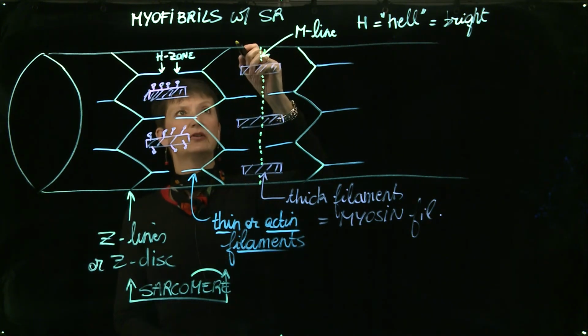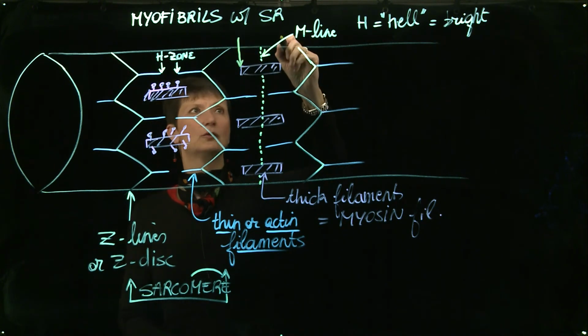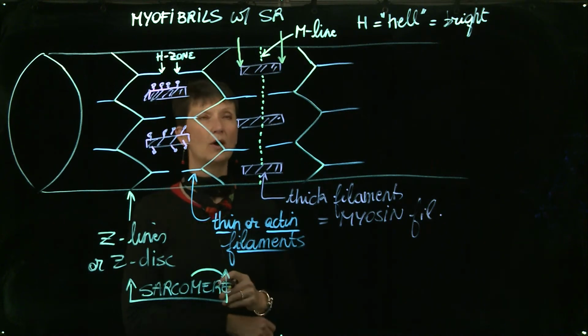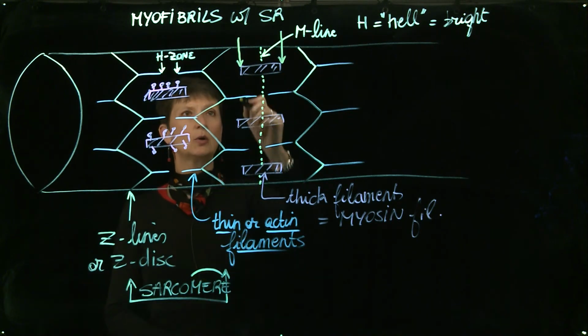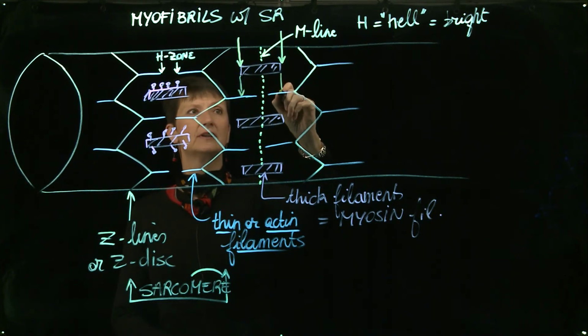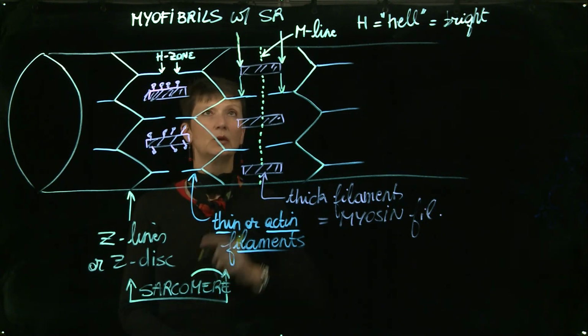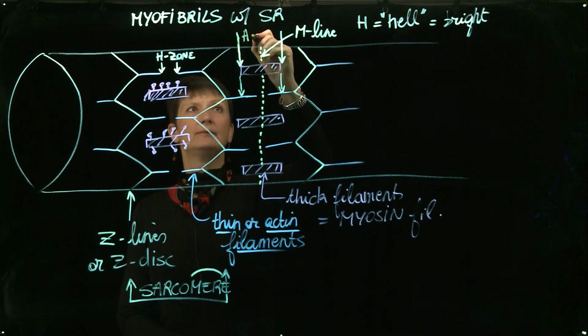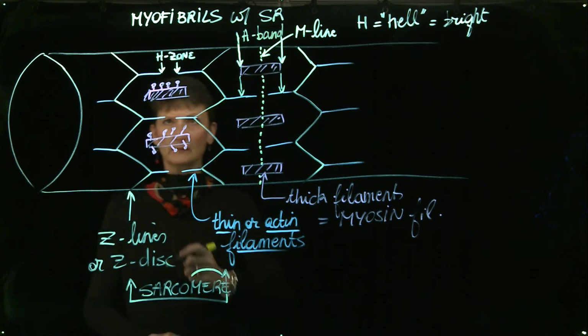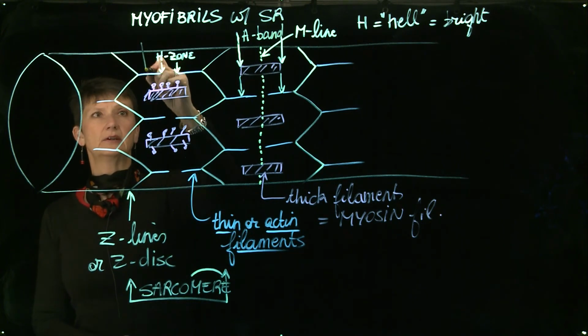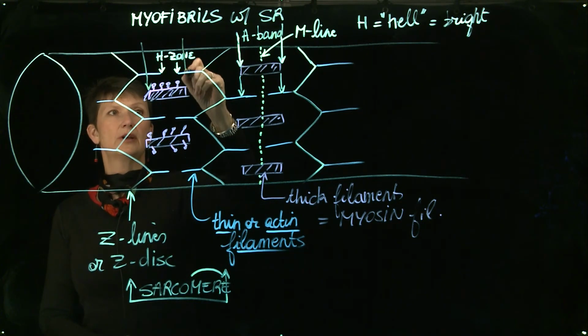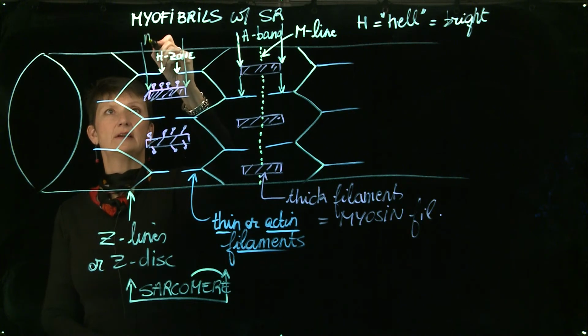So if you take a look here, from here to there, which is the width of one thick filament, notice that you have thin filaments in this region as well. We call that the A band. And so here again, from here to there, we call that the A band.